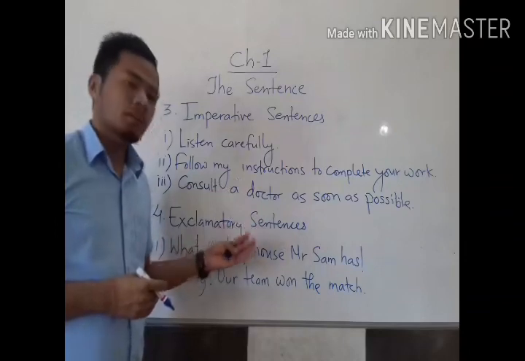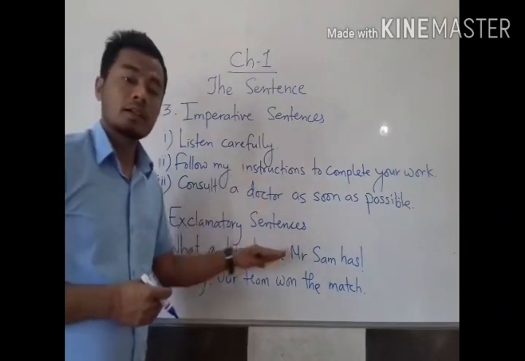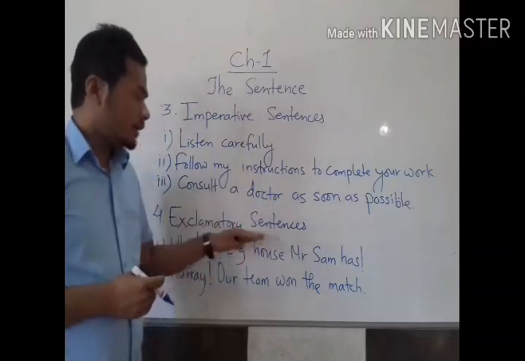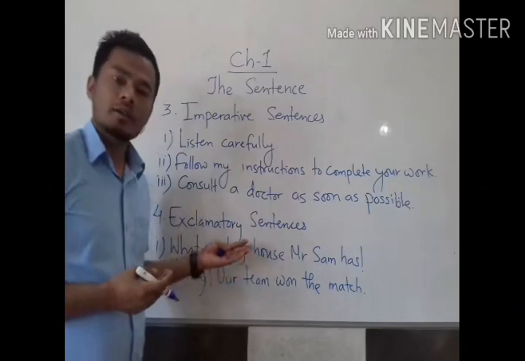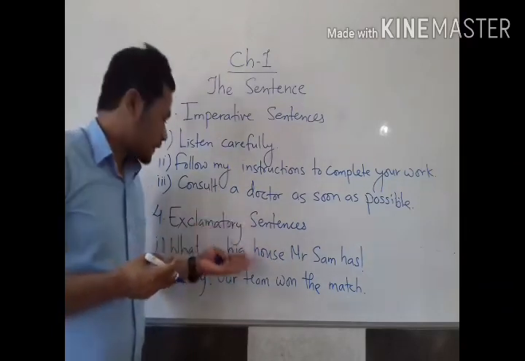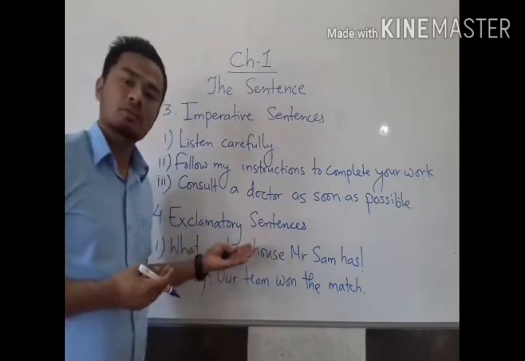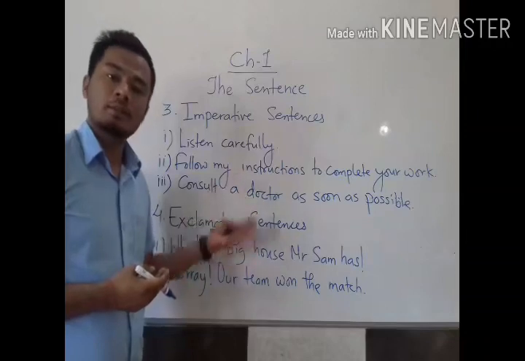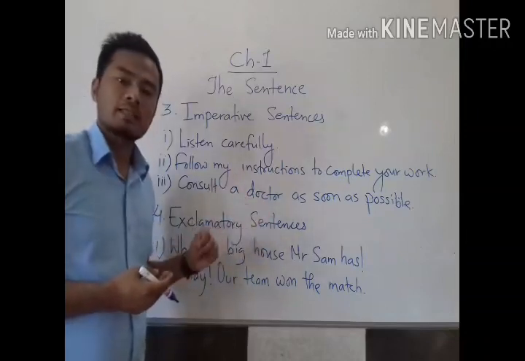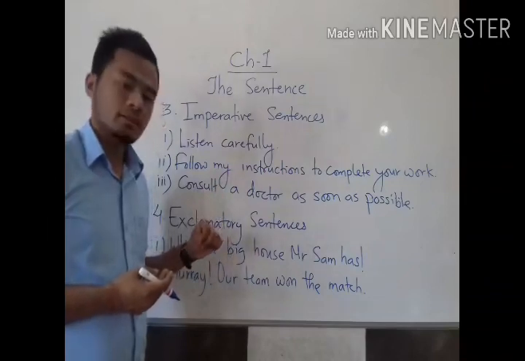And sometimes it may also end with only the subject, like what a big house. This also may be an exclamatory sentence. The sentence is about the big house, so it is the subject of the sentence. So after the subject also we can use an exclamation mark to make it an exclamatory sentence.